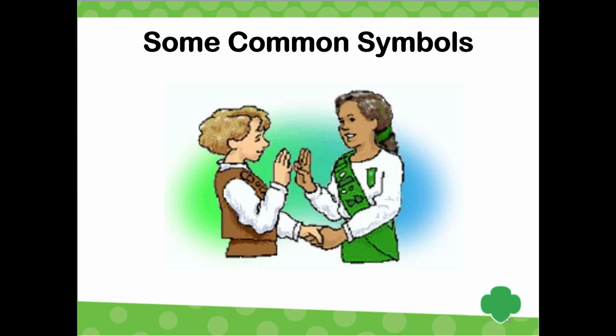An archway, whether it's a balloon archway or the girls in two parallel lines with their hands up in the air to form an archway, symbolizes entering a different atmosphere or phase of the ceremony. A friendship circle symbolizes the unbroken chain of friendship and Girl Scouts and Girl Guides all over the world. The Girl Scout handshake symbolizes the hello or a welcome to people.